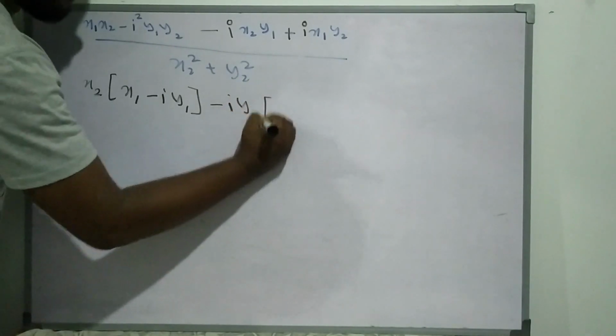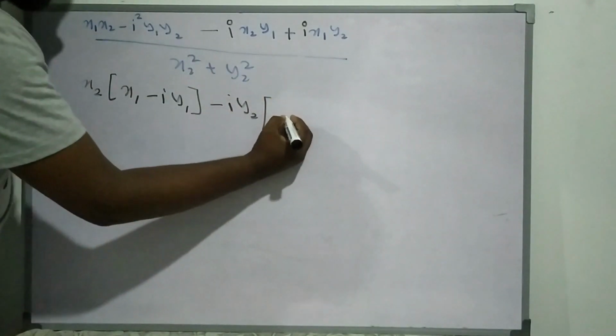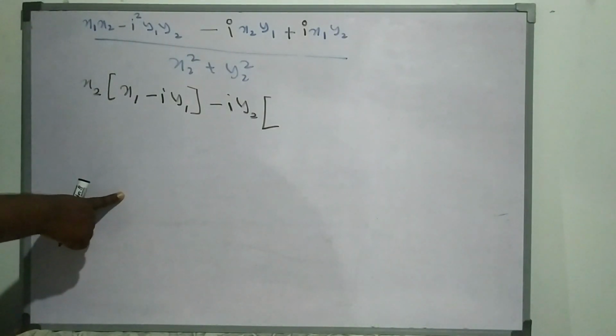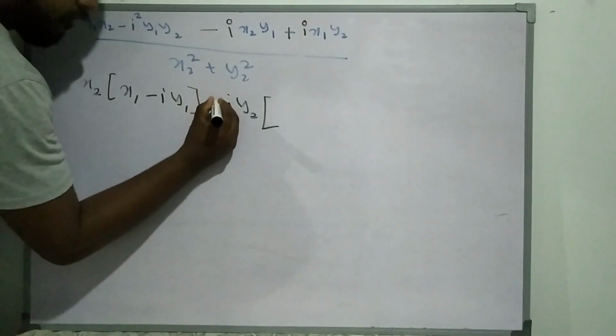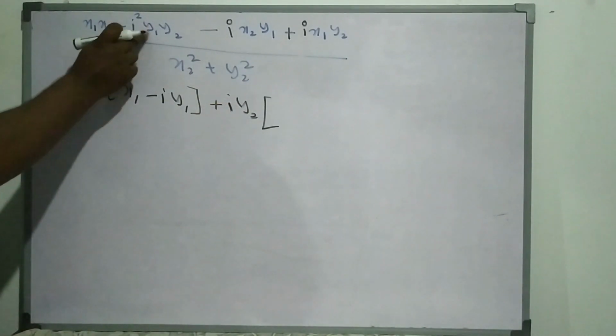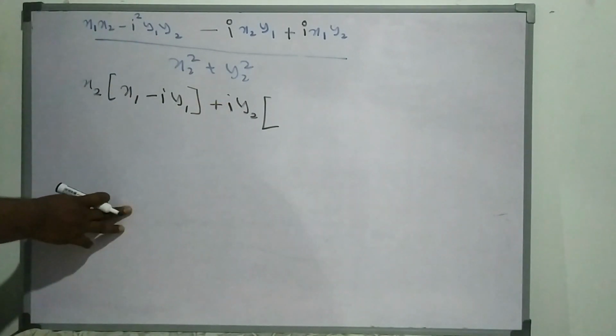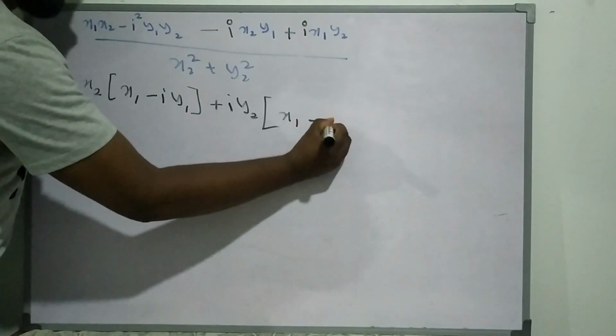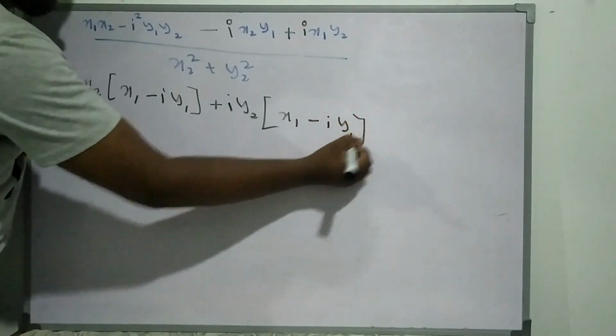I'm taking only plus i y2 out, then it's (x1 minus i y1).